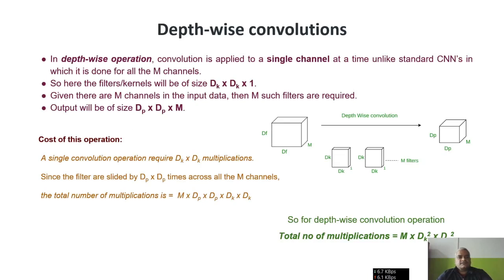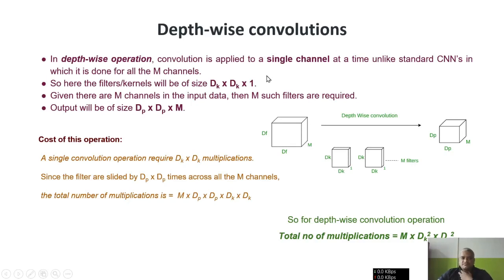So first of all, depth-wise convolution. In depth-wise operation, convolution is applied to a single channel. Here we have M number of channels, so for one channel an operation is needed. That is, one filter of DK cross DK is convolved on the DF cross DF cross M input, so M filters are convolved to this input.